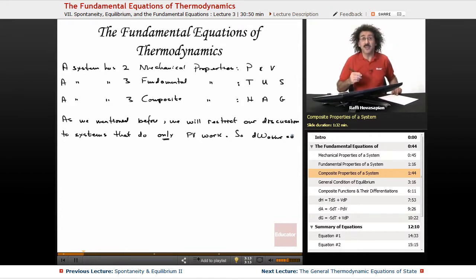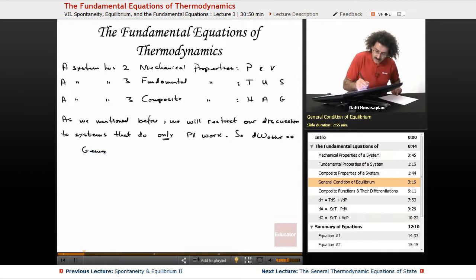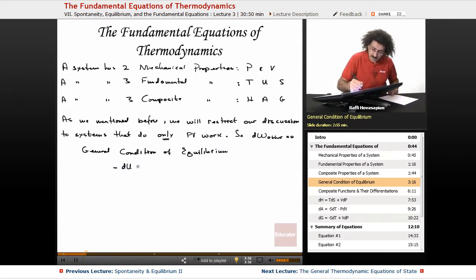Okay, so let's recall the general condition of equilibrium. We have minus dU minus, well, I'll write out the whole thing, minus P dV plus TdS minus dW other is going to equal 0.